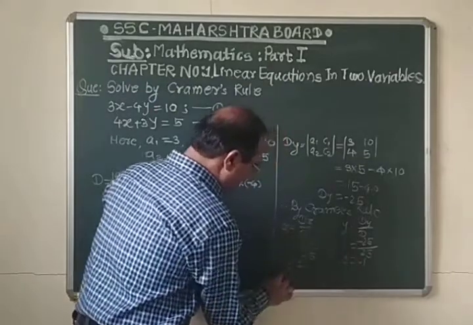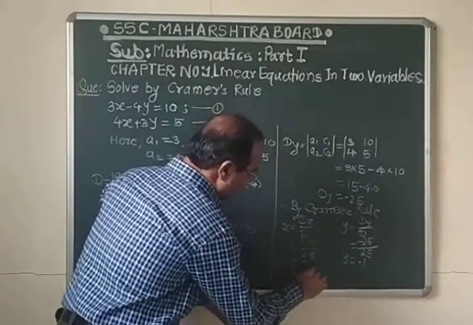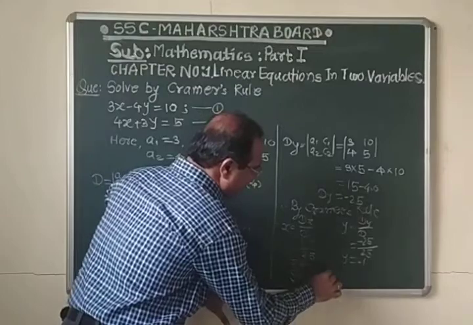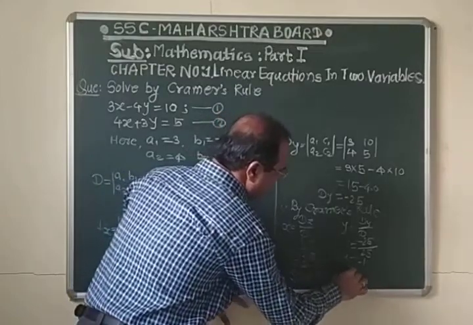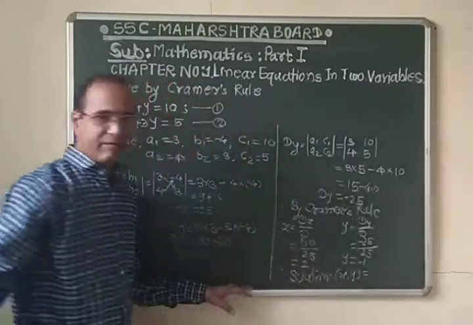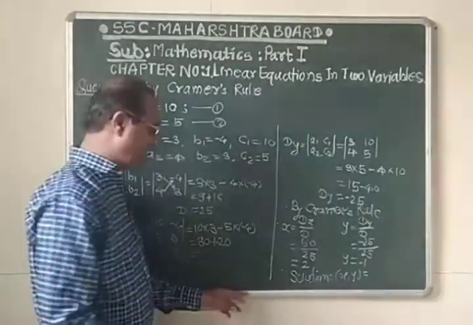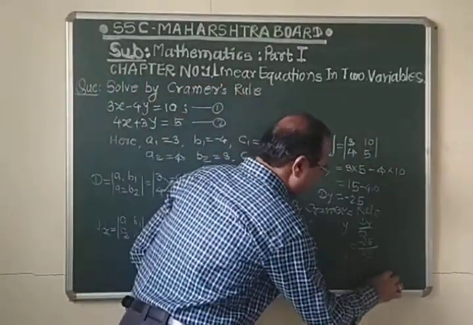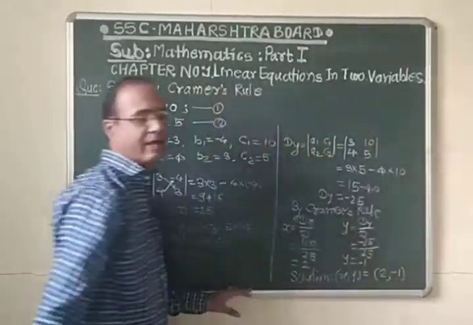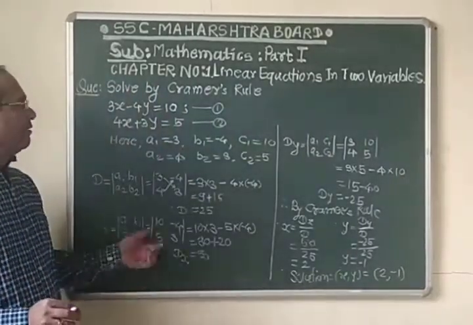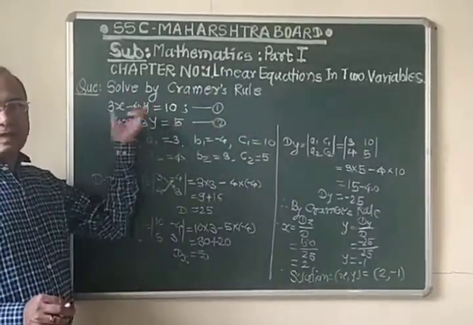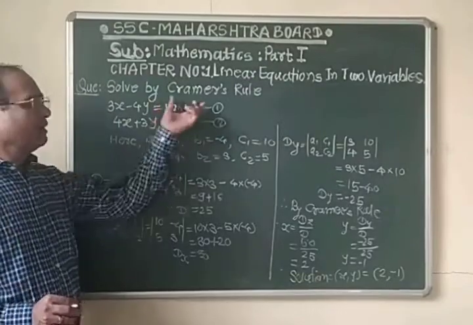So in this way the solution is (x, y) equal to, always keep in mind, write down the first variable value as x, that is 2, and the y variable value as minus 1. In this way, we have learned how to solve simultaneous linear equations by using Cramer's rule.